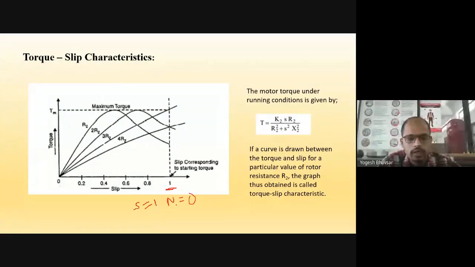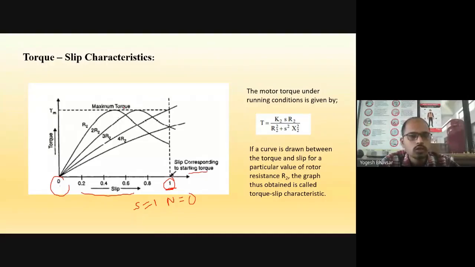S is equal to 1 and N is equal to 0. So this point corresponds to the starting torque. This is the starting condition. And when the slip decreases from 1 to 0.8, 0.6, 0.4, 0.2 and around 0, these are all running conditions for the motor.